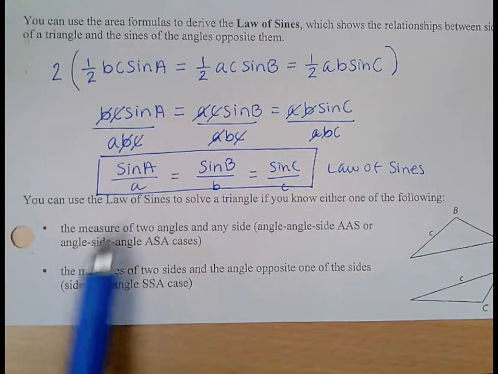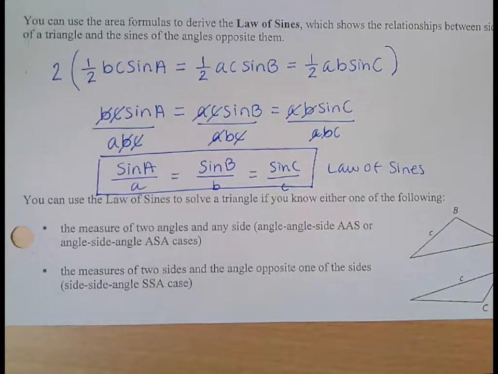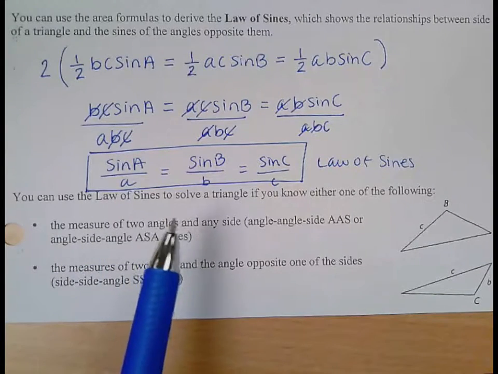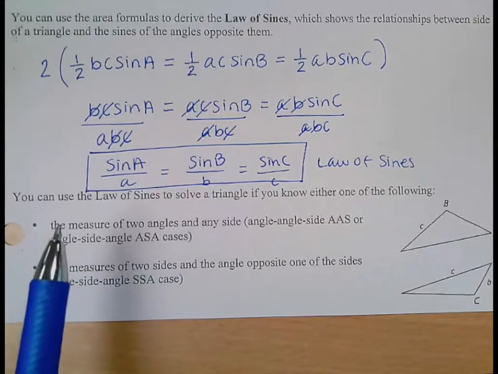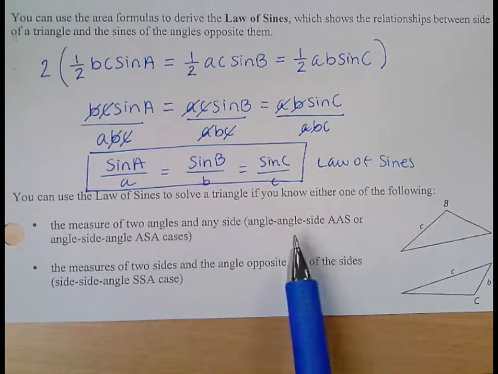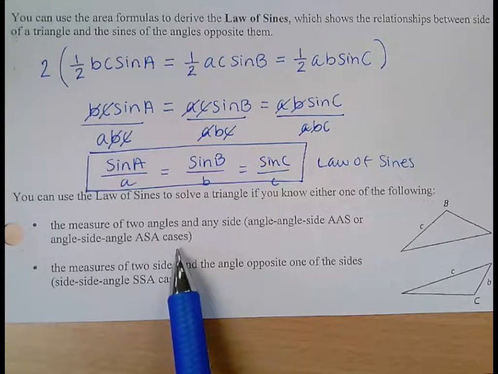We can use this to help solve triangles, finding missing angles and missing side lengths for certain triangle cases. You can use the law of sines to solve a triangle if you know either one of the following. If you know the measure of two angles and any side, that would be the angle angle side case or the angle side angle case.